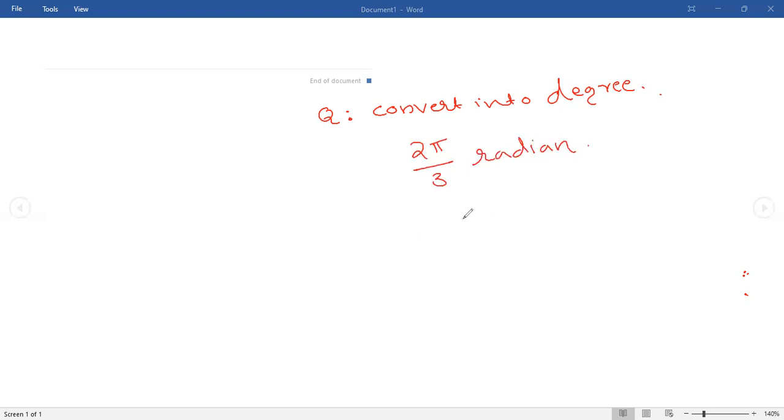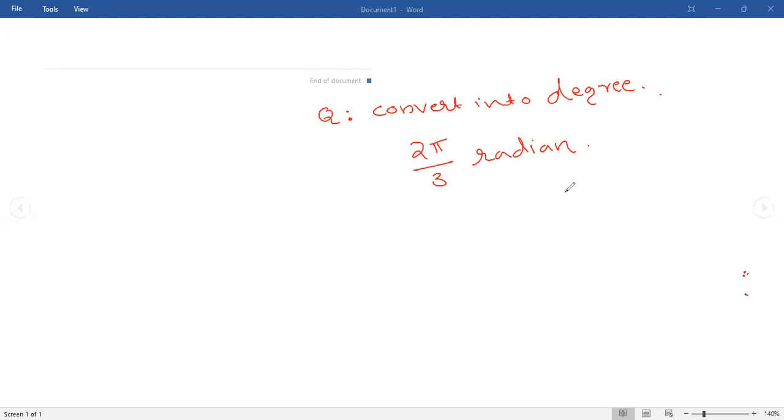How can you find the answer? We know how to convert a radian into degree: 1 radian is equal to 180 divided by pi degree.